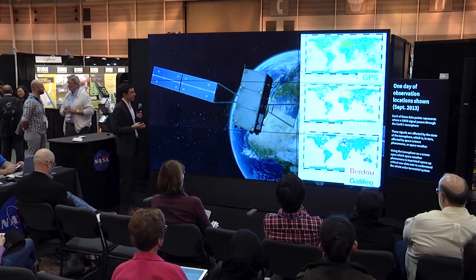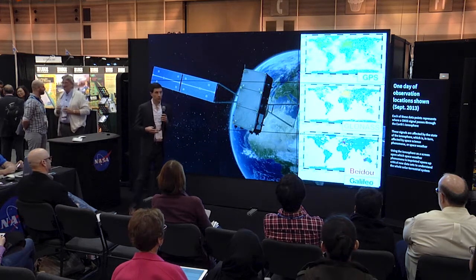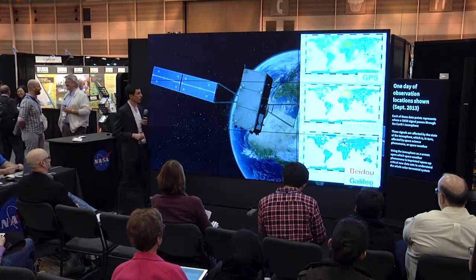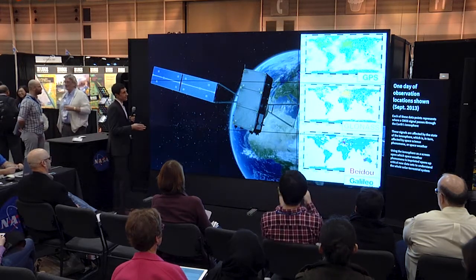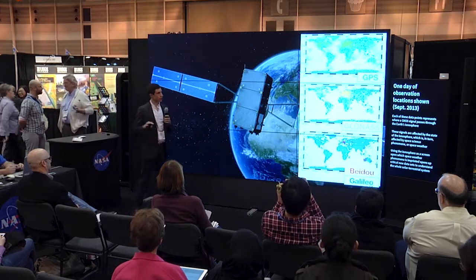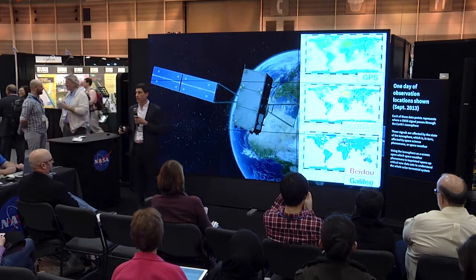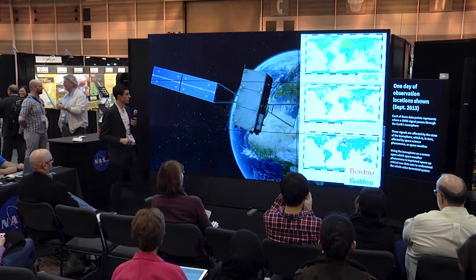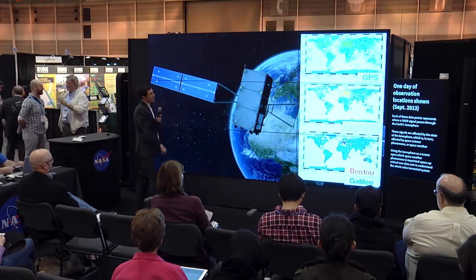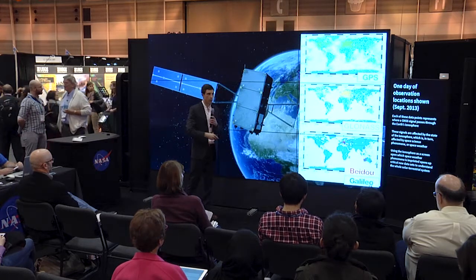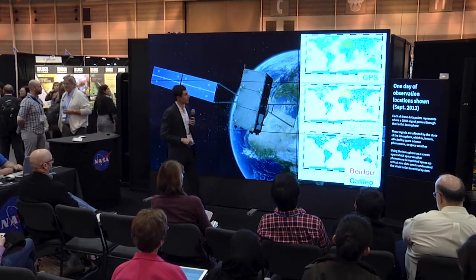And the reason that GNSS signals make up such a powerful data set for the study of space weather is that they exist on a broader, more global scale and at a higher cadence than any other single data set that we have for studying space weather. And so what you see here is just the ionospheric pierce locations of those signals from the GNSS satellite systems.